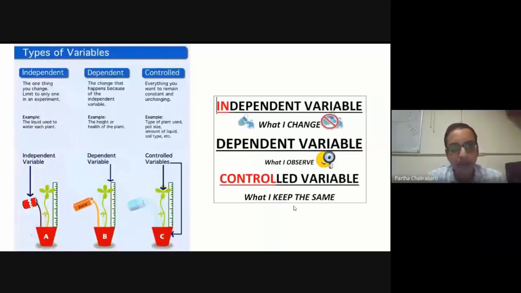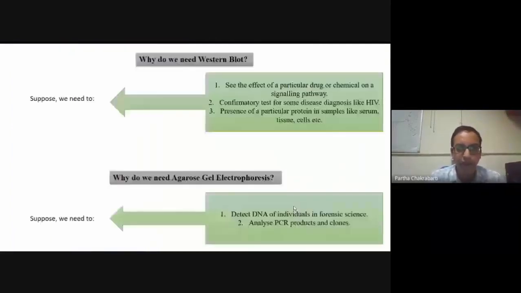And intervention is basically our experiment, right? So the intervention we call the independent variable, and what we observe, what we get, is the dependent variable, and the entire system has to be controlled in nature. I'll just give you two examples from cell biology and molecular biology.